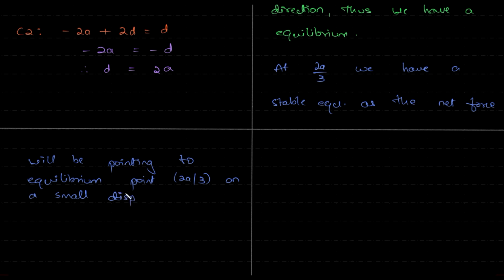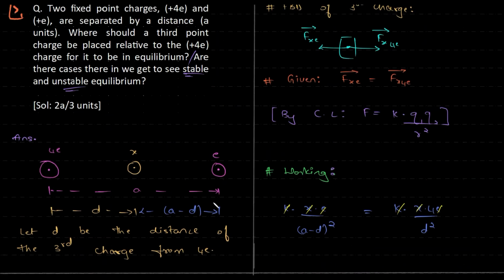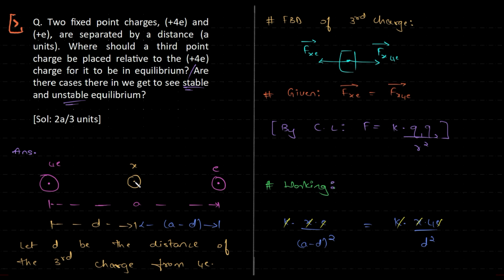That's how you check if it is a stable or unstable equilibrium. If I push this a bit left or right, well, actually with calculation we find that it'll be somewhere over here. But anyway, according to the diagram, I let it be over here. Let us not make it wrong. You guys will be copying.